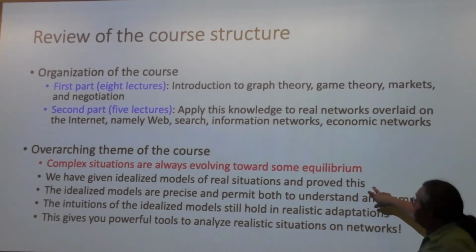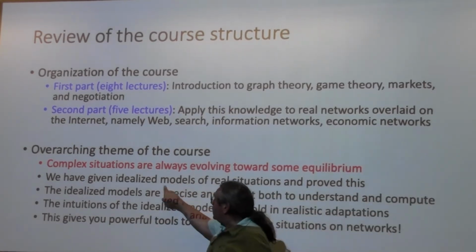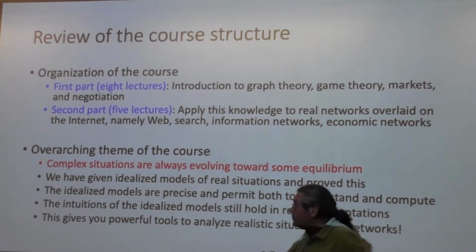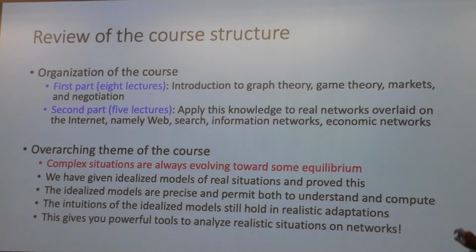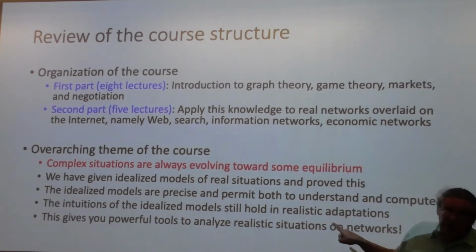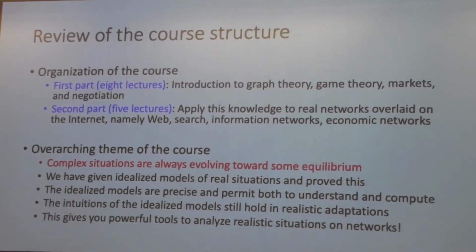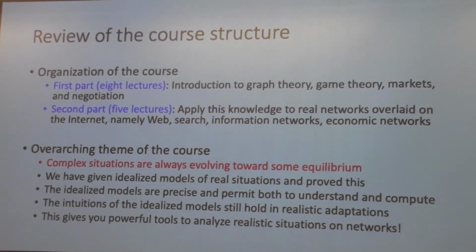And we modeled all these situations by a simplified model, formally defined and precise, and then we showed that the intuitions say something about the real world. So this gives you powerful tools.